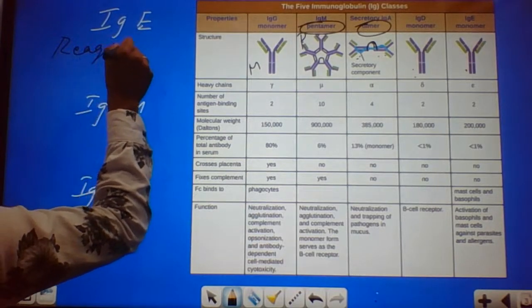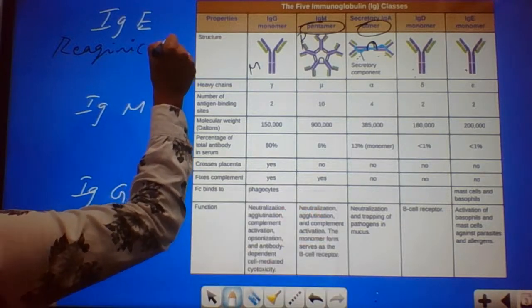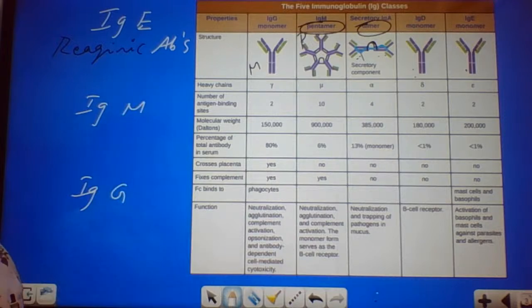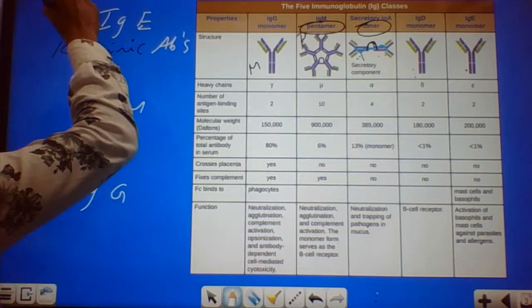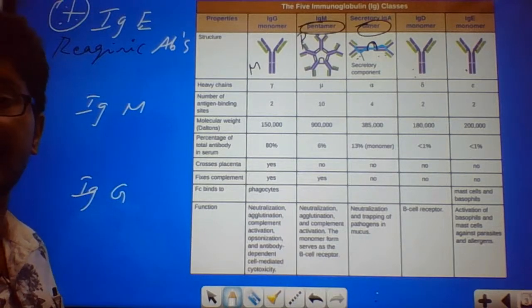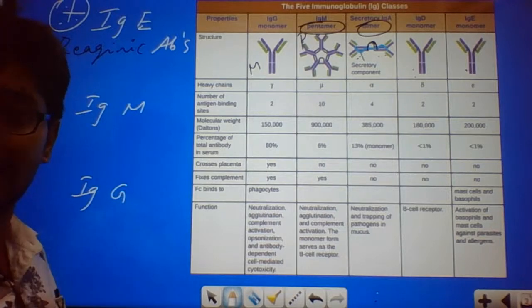Reagenic antibody. Which among the following is the reagenic antibody? What is the function of reagenic antibody? Usually this immunoglobulin is responsible for allergic reaction. The most repeated questions will be related to IgE. IgE is responsible for allergic reactions, allergy, anaphylaxis, producing histamine, serotonin.